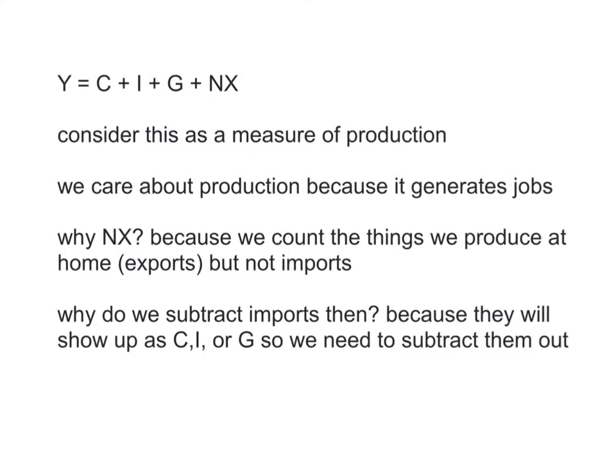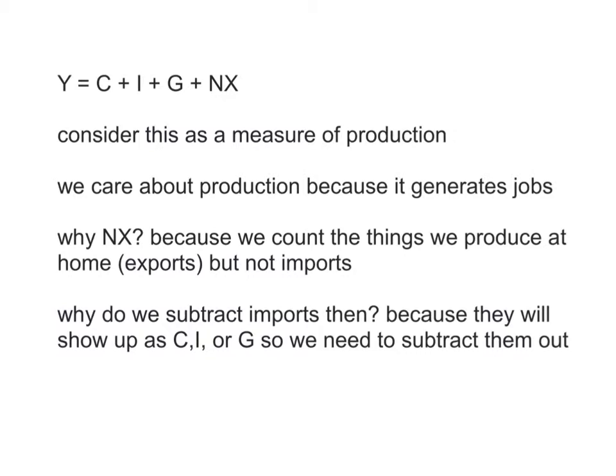Now, why do we choose the production interpretation instead of the income interpretation? Well, the production interpretation is useful in the sense that it clarifies why we choose the components we do, and it also clarifies the basic purpose for this thing called GDP.